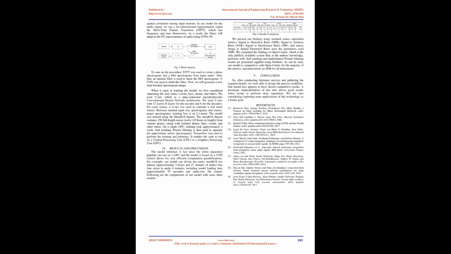The model inference is fast since the entire separation pipeline can run on a GPU and the model is based on a CNN, which allows for very efficient computation parallelization. For example, our model can divide the entire MUSDB18 test dataset, approximately 3 hours and 27 minutes of audio, into 4 stems in under 6 minutes, including model loading time, approximately 55 seconds, and audio.wav file export.